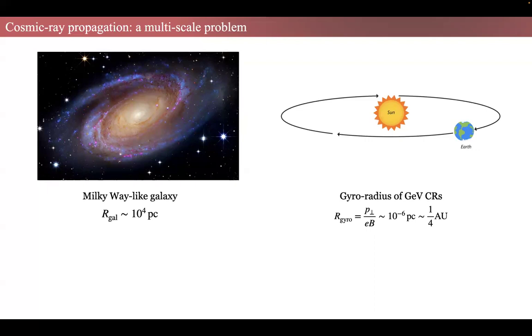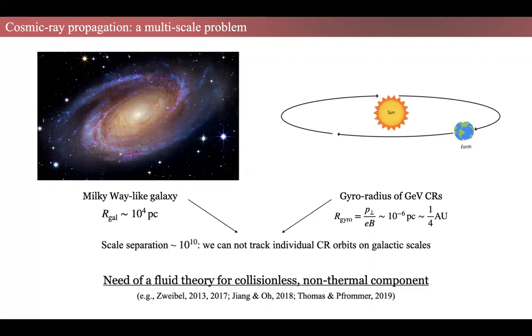And for GeV cosmic rays, the gyro radius is less than 1 AU, so it's comparable to the Sun-Earth distance. So you can understand that with a scale separation of 10 to the 10, it's impossible to track individual cosmic ray gyro orbits in galaxy scale simulations. So if we want to model the effect of cosmic rays in galaxy simulations, we need to develop a fluid theory for this collisionless non-thermal plasma.